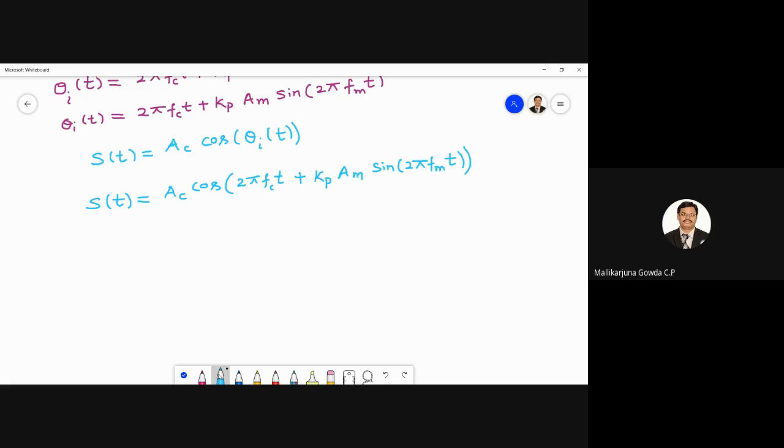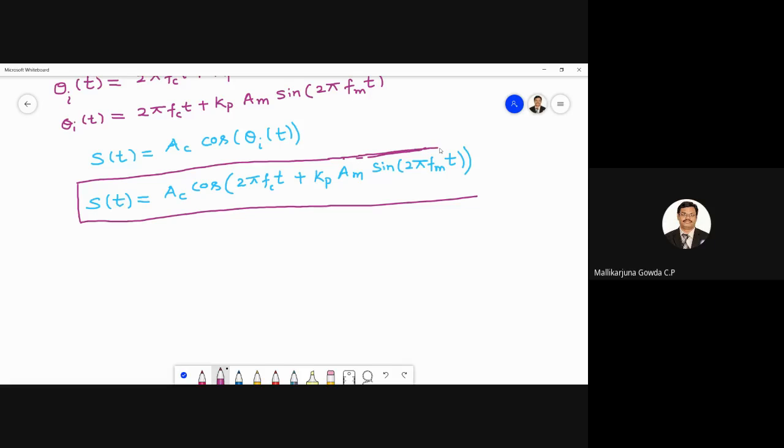So this is the expression for the phase modulated signal when we consider the message signal is a sinusoidal signal. I hope this is clear. If you write the suffix as PM, s PM of t, this is the phase modulated signal when you consider the message signal is a sinusoidal signal.